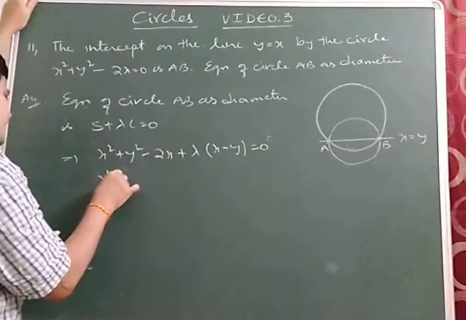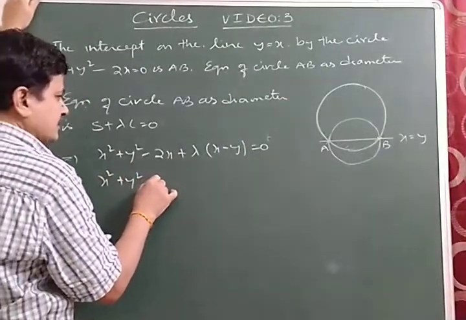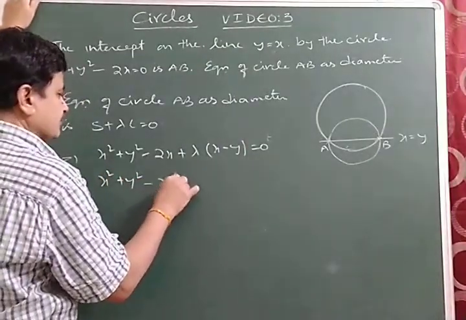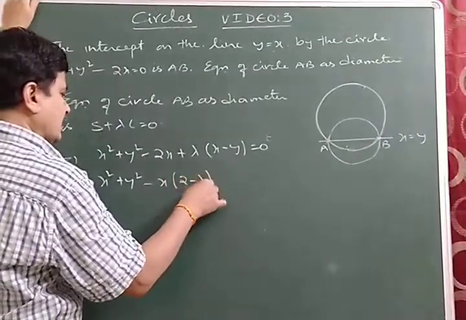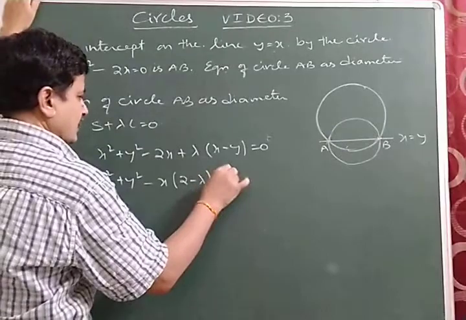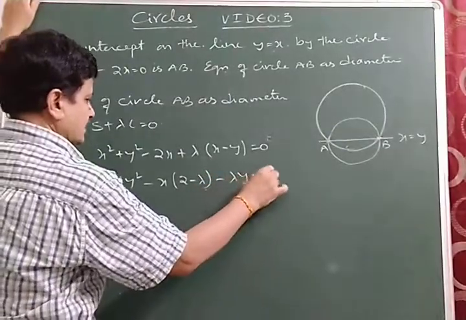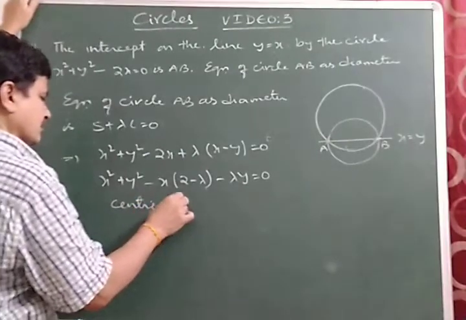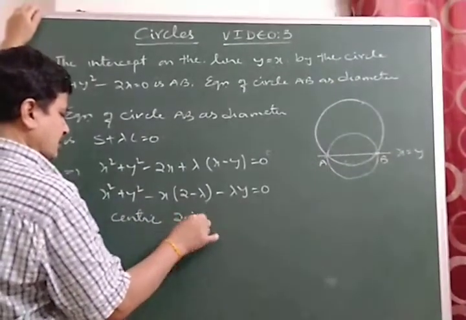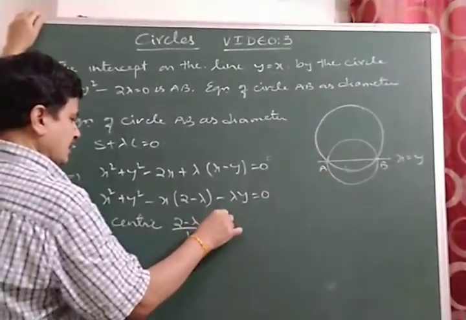Now x square plus y square minus x into (2 minus lambda) minus lambda into y is equal to 0. Its center is ((2 minus lambda) by 2, lambda by 2).